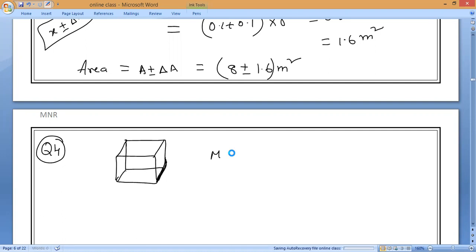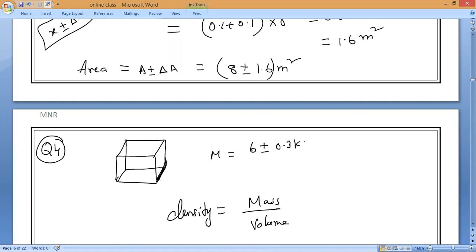Now I want to find the density. We all know the density formula. Can you tell me what is the density formula? Density is equal to mass divided by volume. Mass is equal to 6 plus or minus 0.3 kg and volume is equal to 2 plus or minus 0.2 cubic meter. Now I'm giving 2 minutes time. Let me see who will say first.